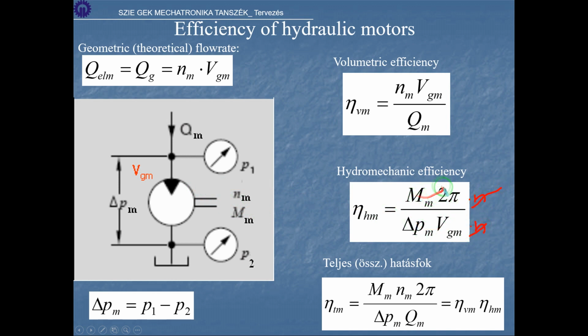So now we can calculate with energies. The output energy is calculated with the torque, which is outputted in this shaft, and 2π, because it's a rotary machine, and the ingoing energy of the motor is calculated with delta P. Delta P is the difference between this and this, which is making the fluid move, times the geometrical volume of the motor.